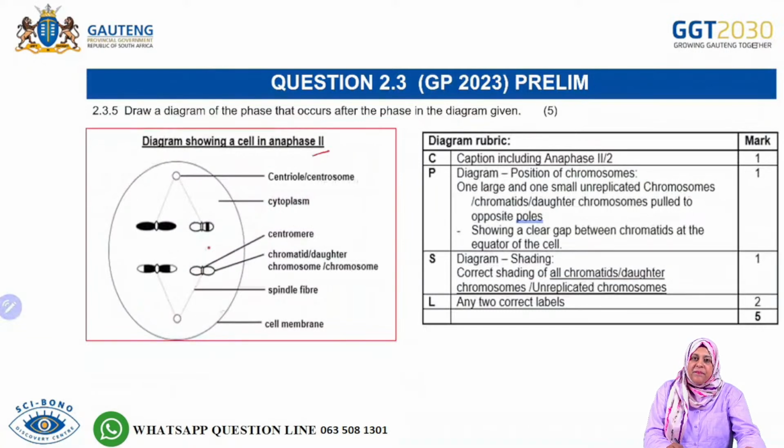So you can label the cytoplasm, you can label the spindle thread, you can label the centrioles. So learn at least 3 labels that you can use in any diagram that you are asked, and with your caption you can get quite a bit of marks from the diagram itself.